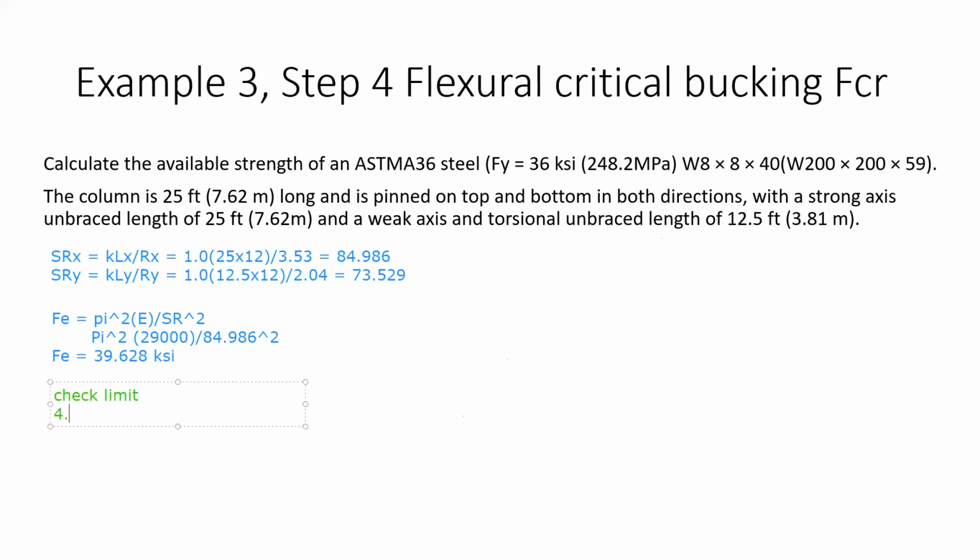So let's check 4.71 times the square root of E over Fy. So this is 4.71 times the square root of E natin is 29,000 divided by Fy, which is 36. Bali po, 133.681. Okay.